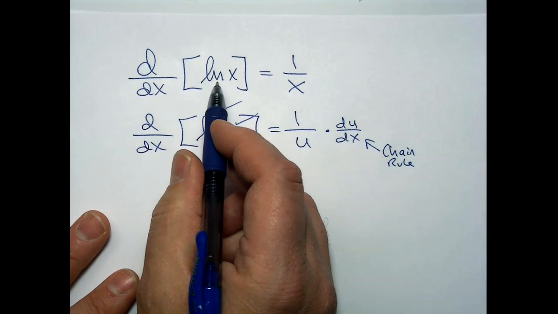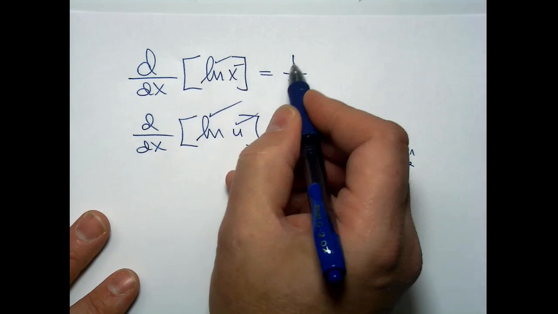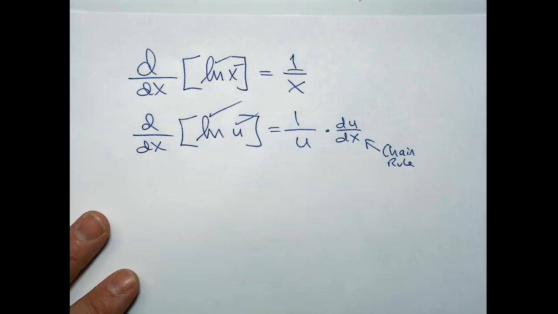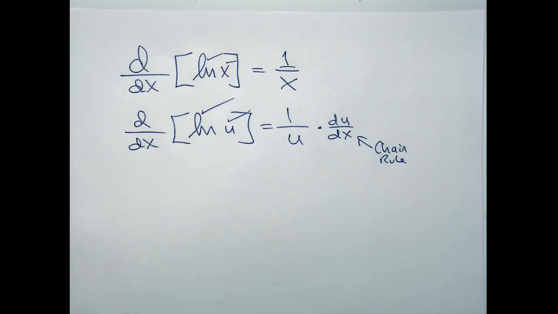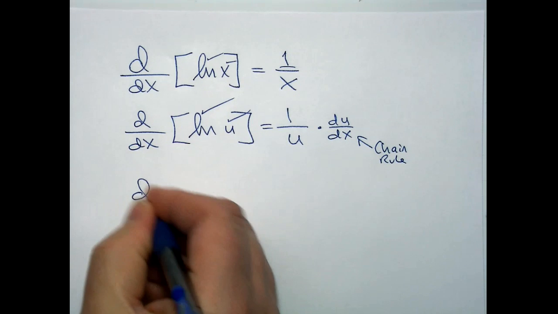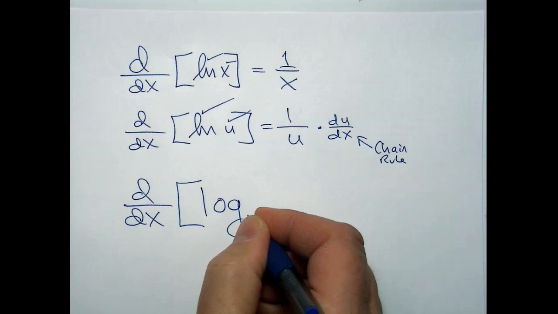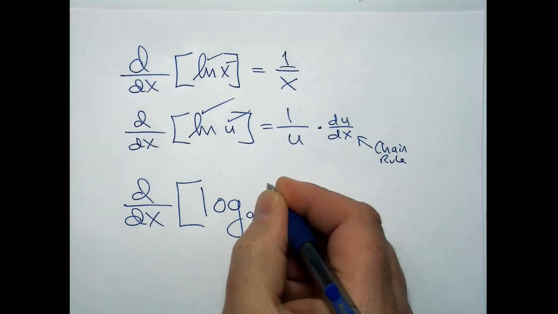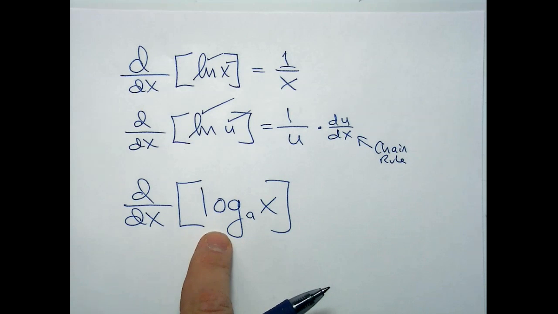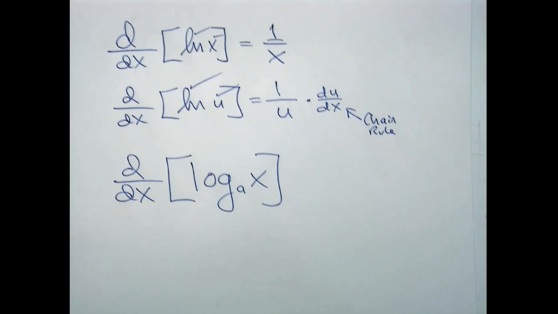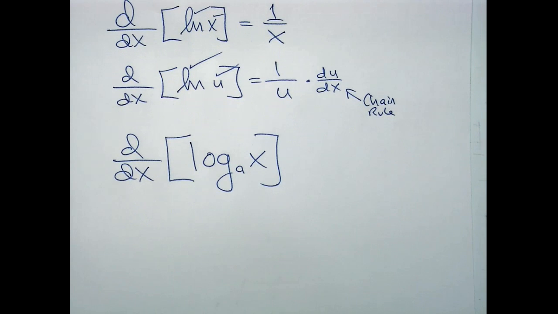I could do my chain rule here if I wanted. The derivative is 1 over x. The derivative of x is already there. It's 1. So let's not forget our chain rule. Now my question is, what's the derivative of some other log, like log base a? I'm talking log base 2, log base 10, log base a half.